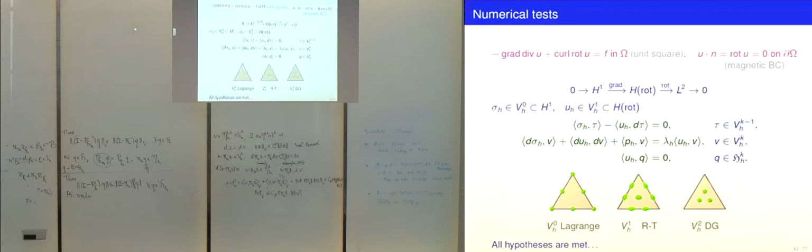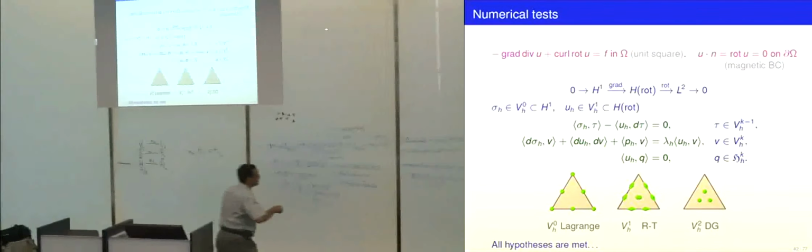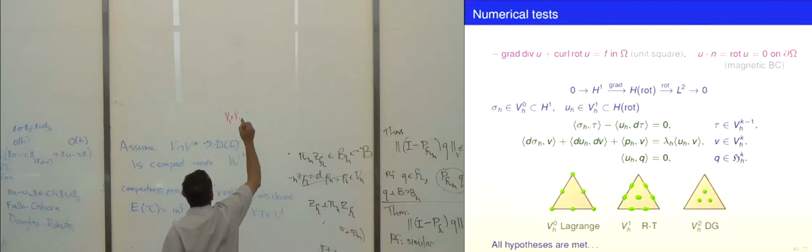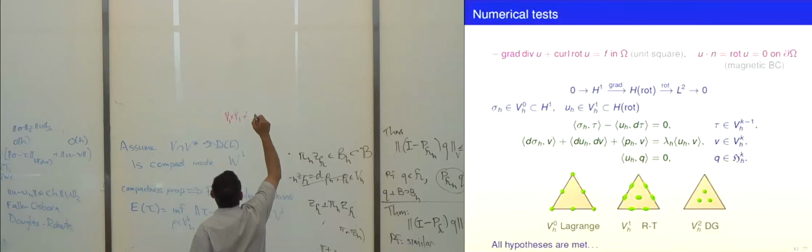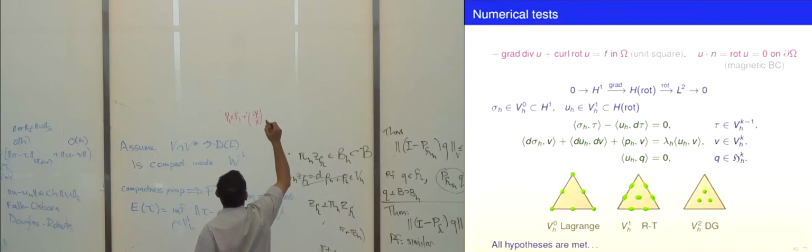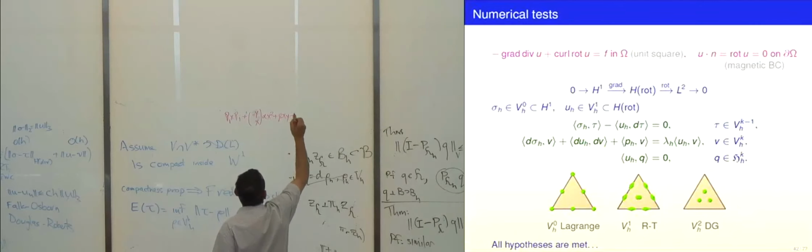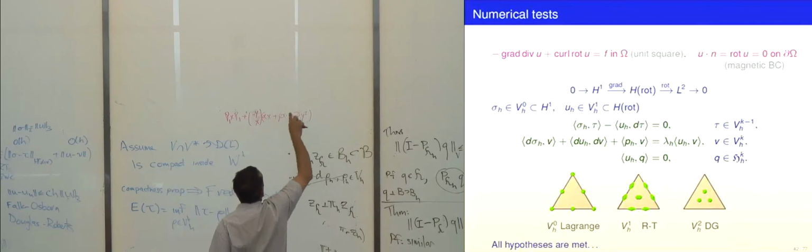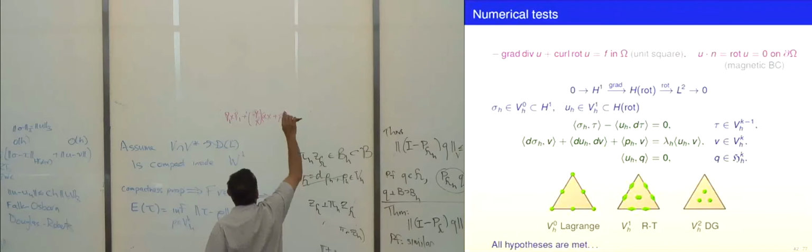And then you have to be somewhat aware of the Ravi-Artoma space. The second order Ravi-Artoma space is an 8-dimensional space that's gotten by taking P1 vector fields and adding things of the form x comma y, or minus y comma x, times homogeneous polynomial of degree 1, alpha x plus beta y.